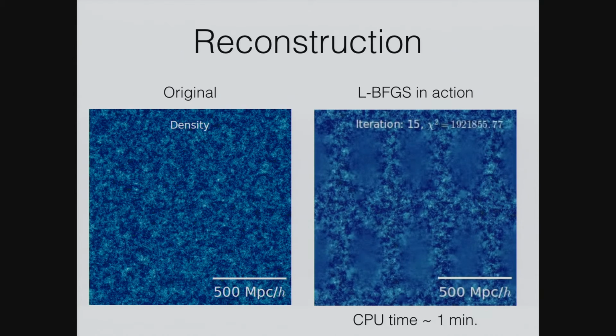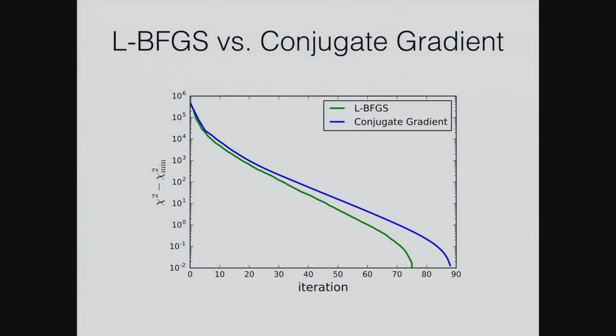You see it first reconstructs the regions very quickly where the noise is low, and then eventually it gets similar to this field. The chi-squared is still decreasing, but you can't see it anymore in the picture. And then after 70-something iterations, we're there. Compare these two algorithms on this problem, LBFGS and conjugate gradient, and you can see that they perform very similarly. Okay.